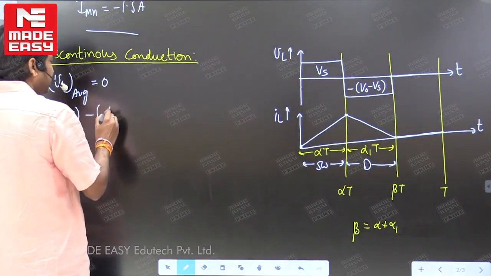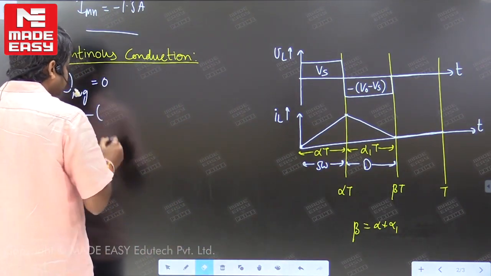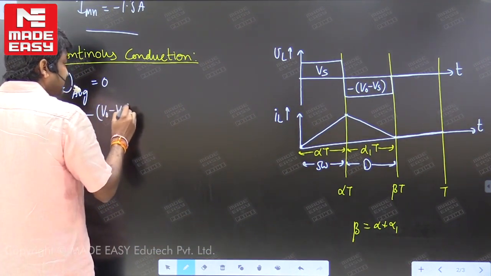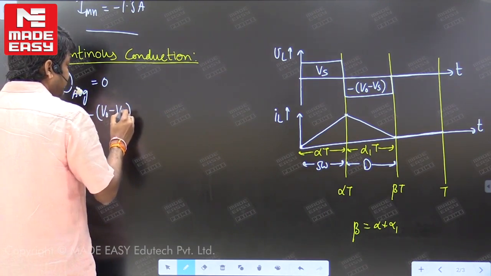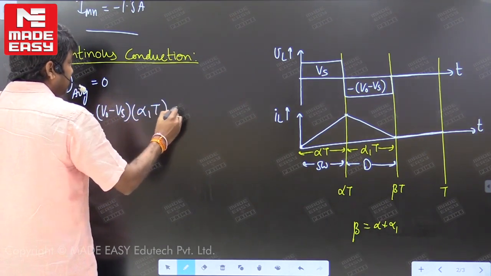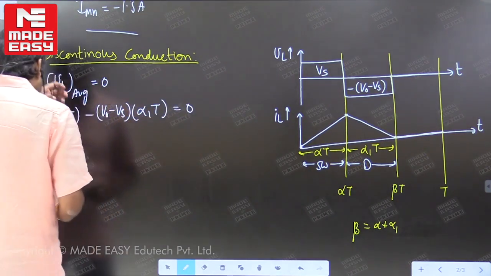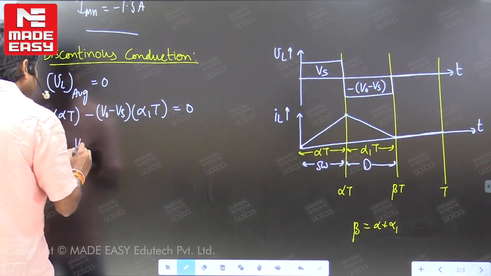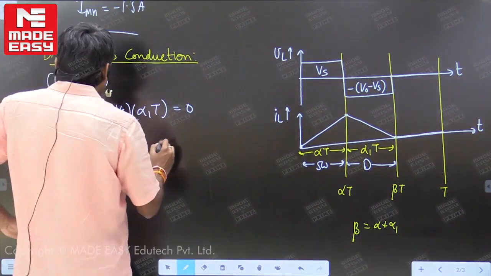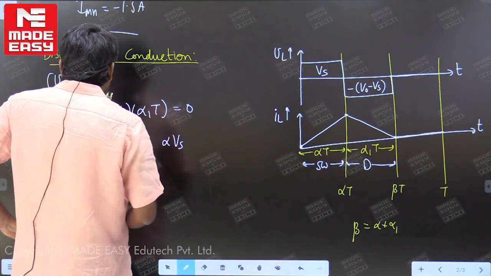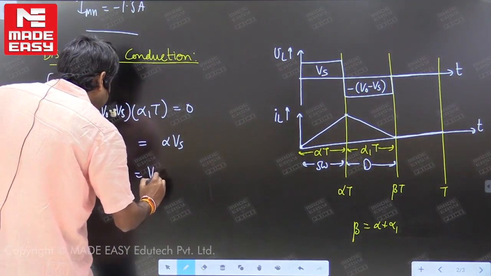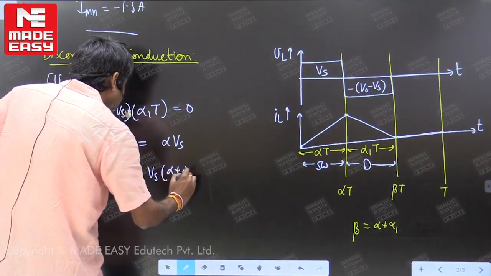So minus of V0 minus Vs into alpha 1 into T is equal to 0. From this we can say V0 minus Vs into alpha 1 is equal to alpha into Vs. So V0 into alpha 1 is equal to Vs into alpha plus alpha 1.